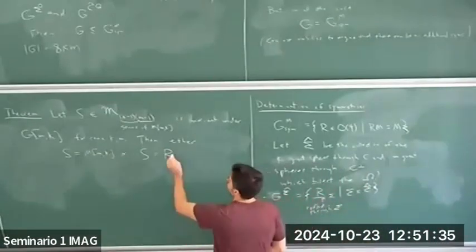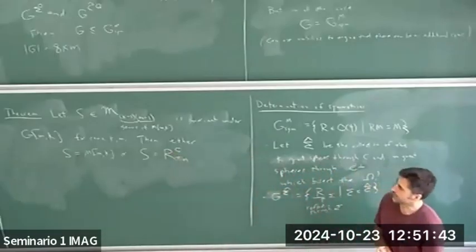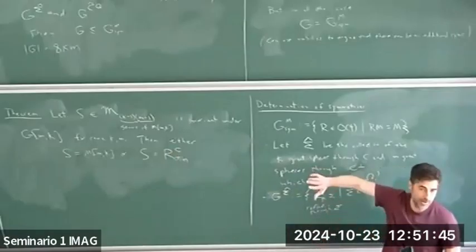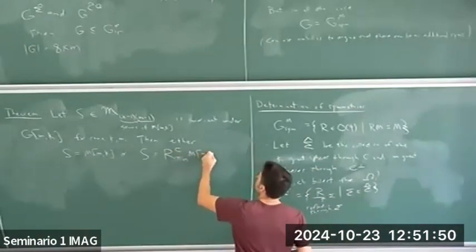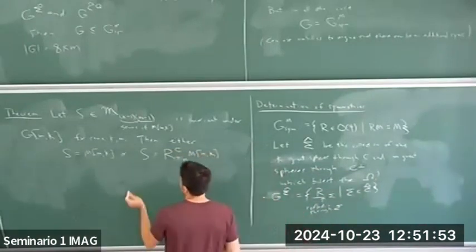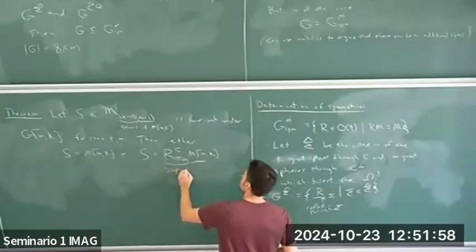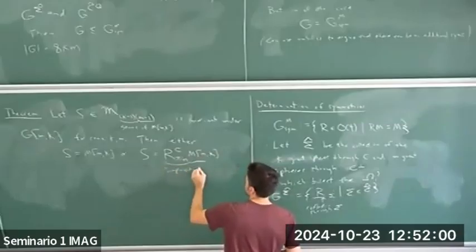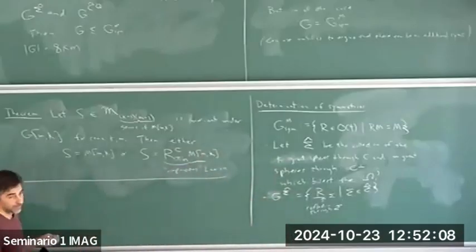So I can rotate along C by pi over n, and that will translate. So this guy is the complementary Lawson.